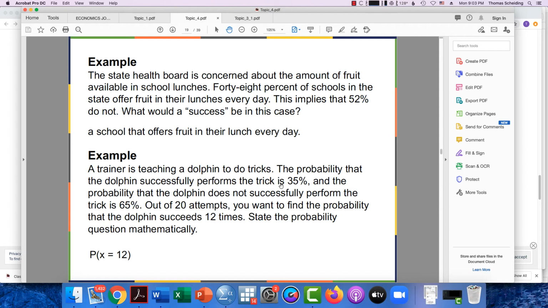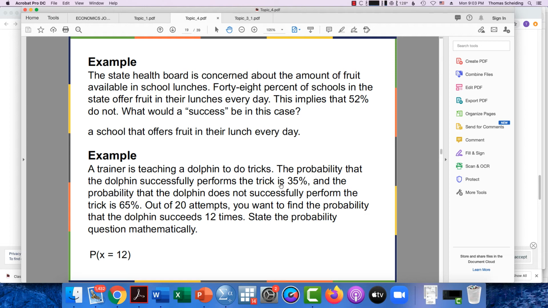But now let's look at some ways that we could talk about how useful is the idea of a binomial distribution. So let's say that the State Health Board is concerned about how much fruit is available in school lunches, and that 48% of schools provide fruit every day, 52% do not. So the success is going to be measured as a school that offers fruit every day.